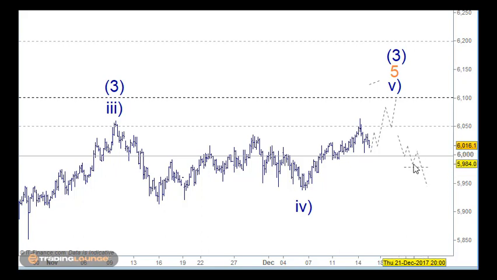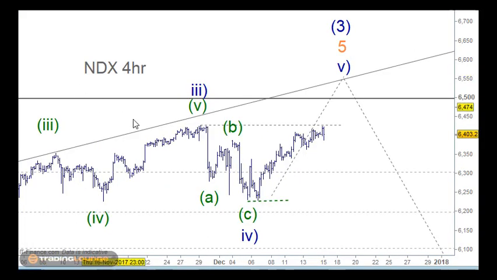But otherwise we need to follow it to the upside, and one of the reasons is that the Nasdaq in the US, we've been looking at this as wave 4 and looking for another move up into the 6,500 area as the wave 5, and we're also still seeing the US markets move up as well.